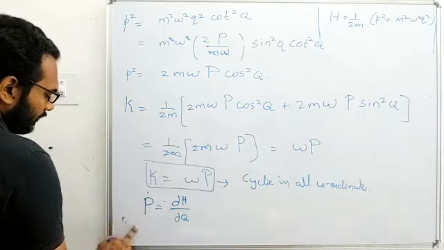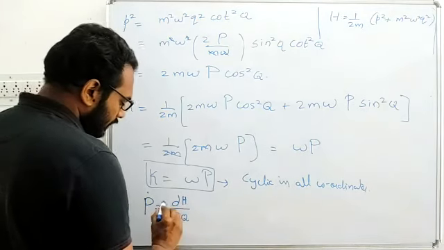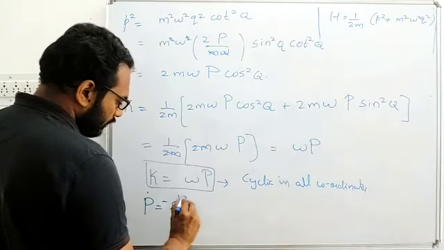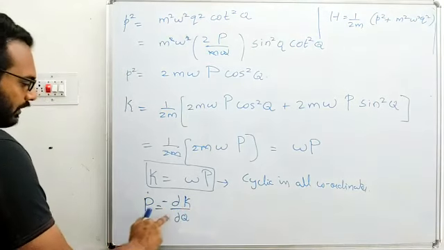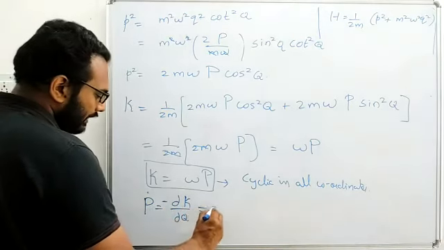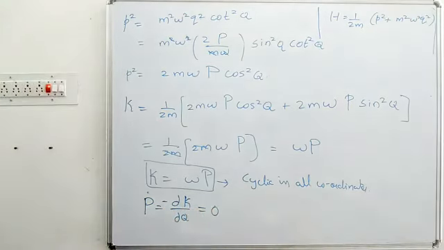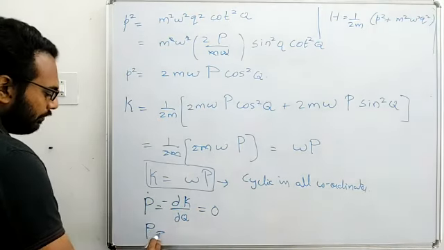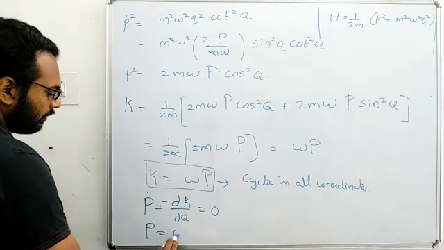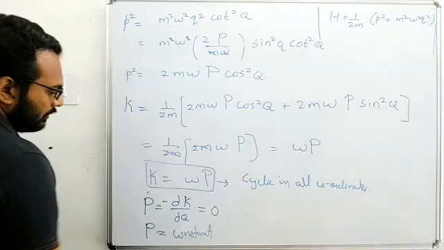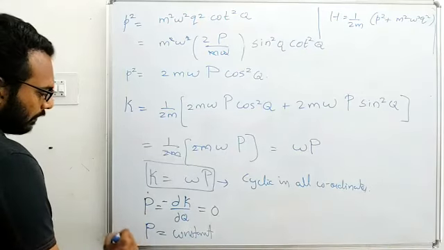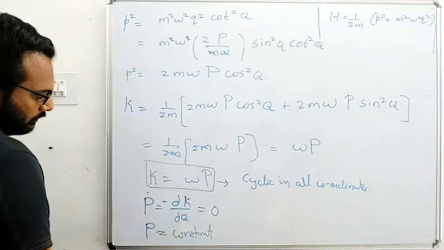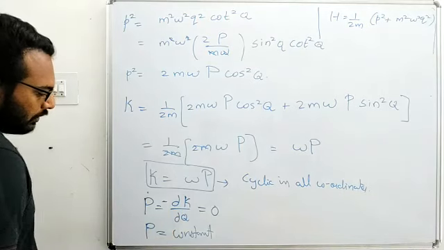But anyway, it's 0. Instead of H, you have a K here. So P dot is equal to minus dou K by dou Q, and that's equal to 0. Or you immediately get the first integral: P is equal to constant. Or omega P, sorry. Yeah, P is equal to constant.